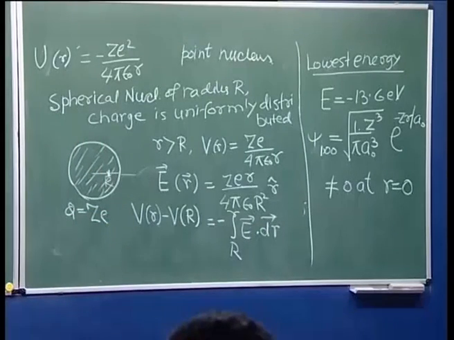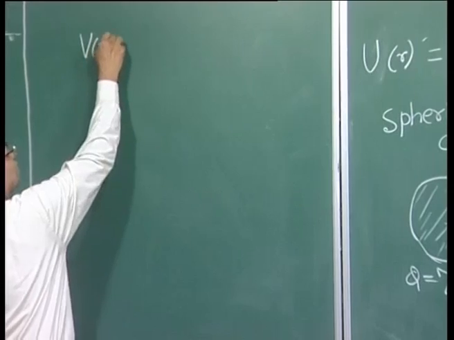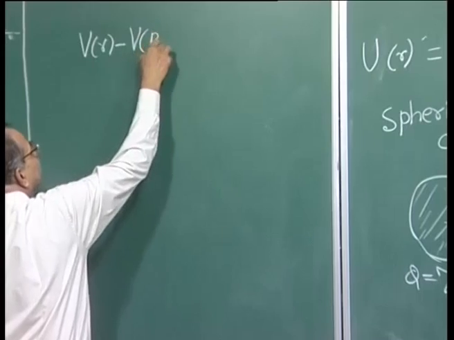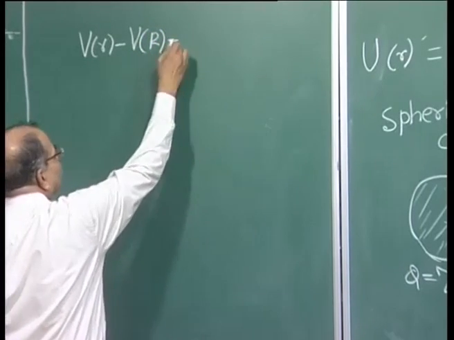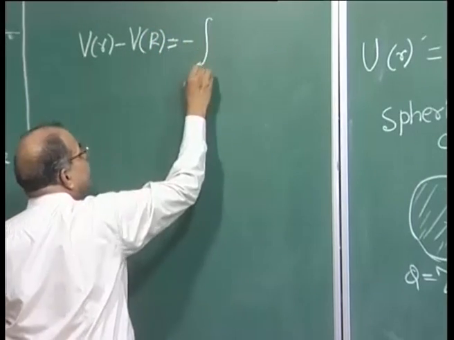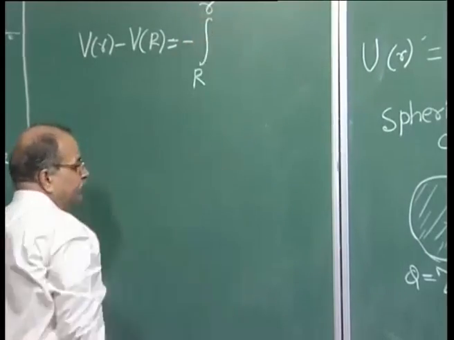So, you have V small r minus V capital R is equal to minus integration from capital R to small r E dot dr.